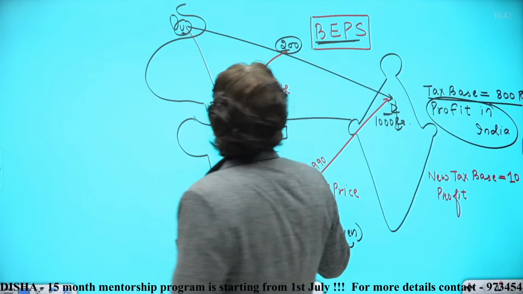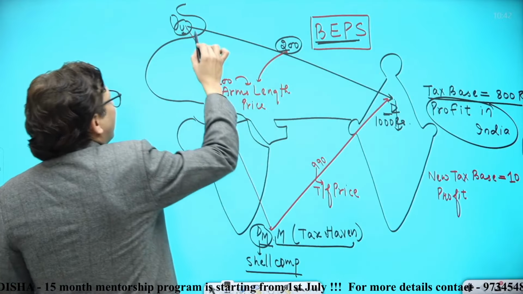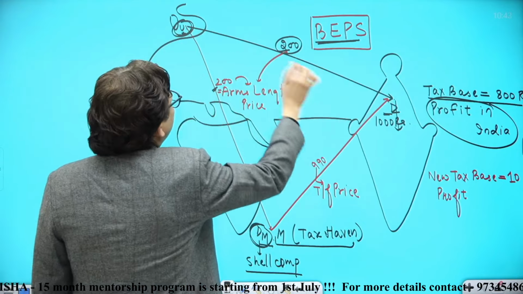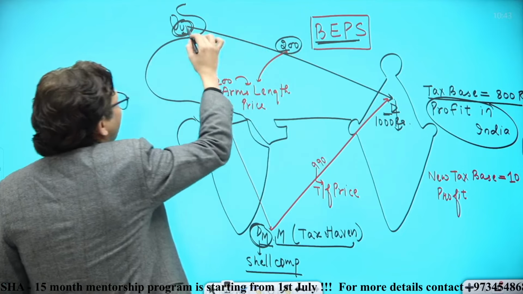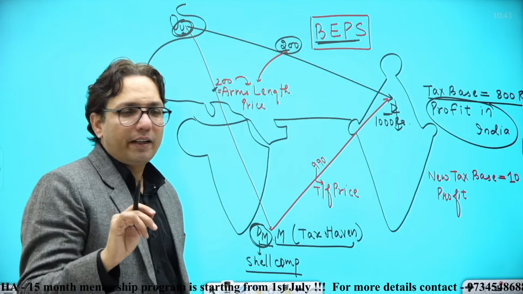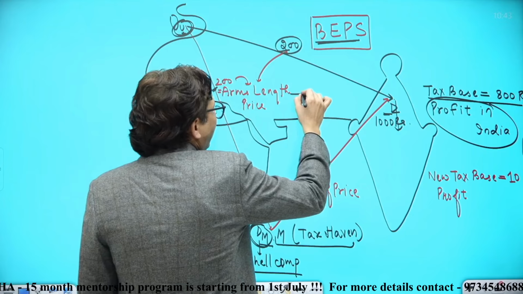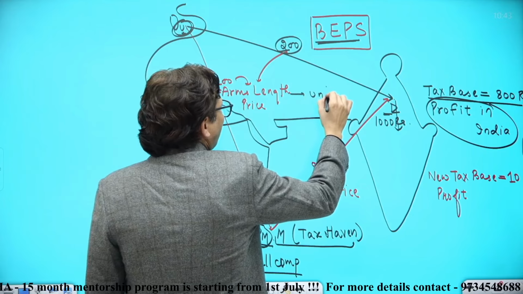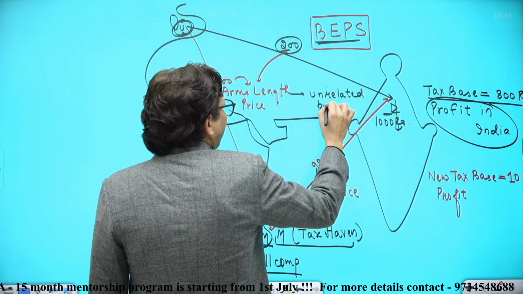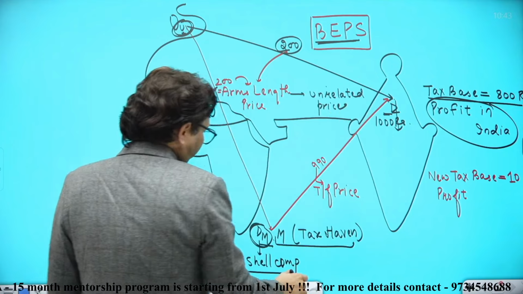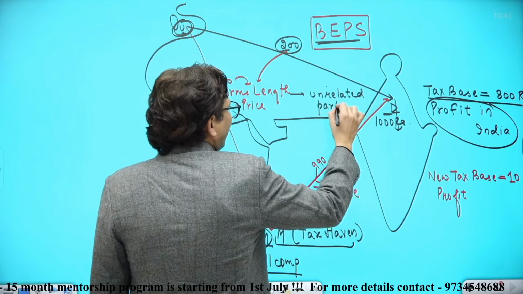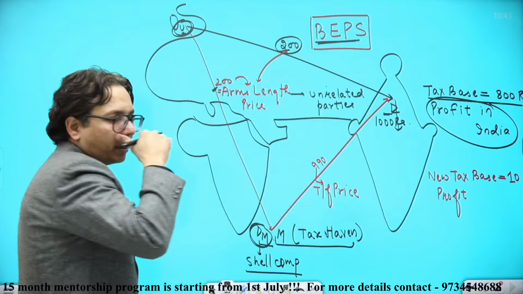So this price at which a transaction takes place between two unrelated parties, this and this are unrelated, that price is called arm's length price. Transaction between two unrelated parties, that is arm's length price.